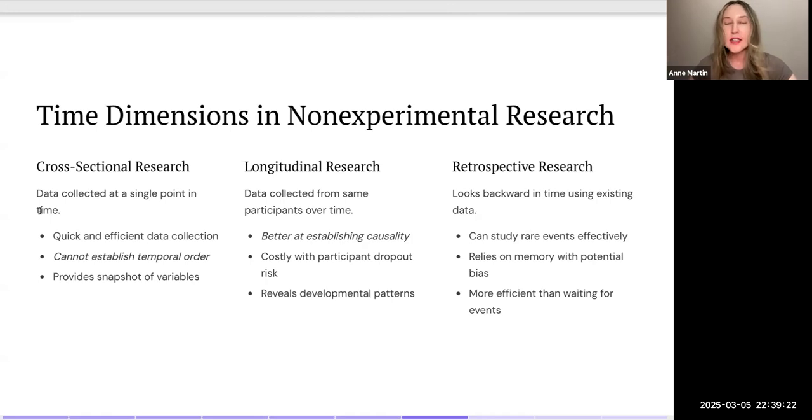So it can help you with that. However, there are some threats in terms of perhaps there might be a bias with the participant correctly remembering. There's a lot of research about that. However, in some instances, it's more efficient to do retrospective research than wait for it to come again.